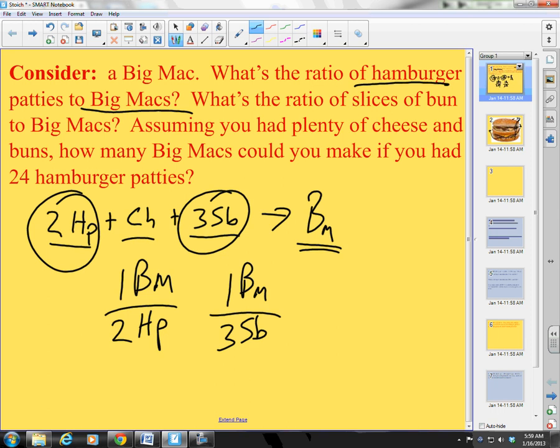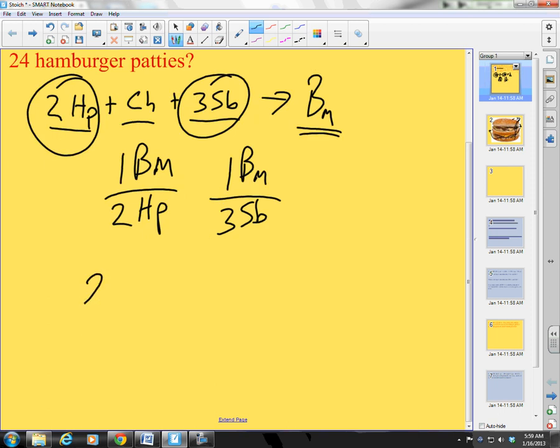Now, assuming you had plenty of cheese and buns, how many Big Macs could you make if you had 24 hamburger patties? Well, here's the way I would do that. I have 24 hamburger patties, and I have my ratio of hamburger patties to Big Macs.